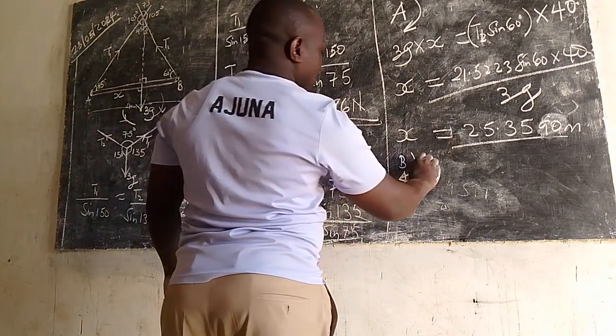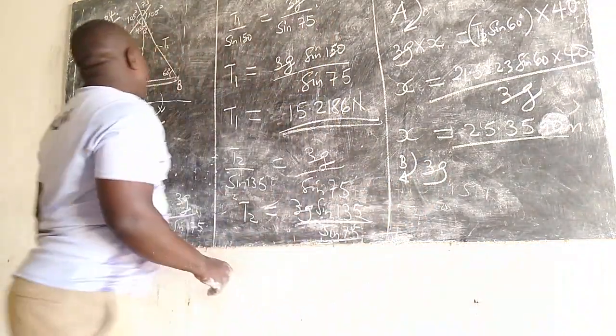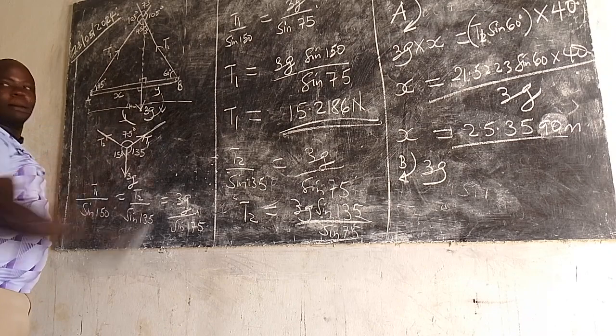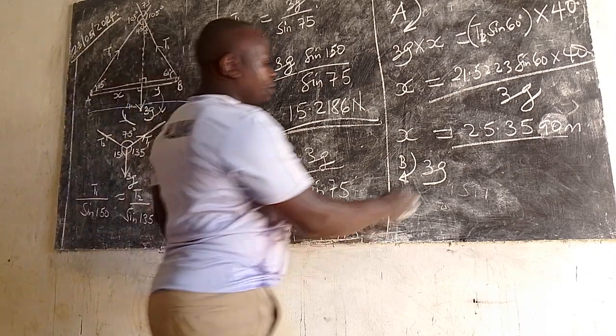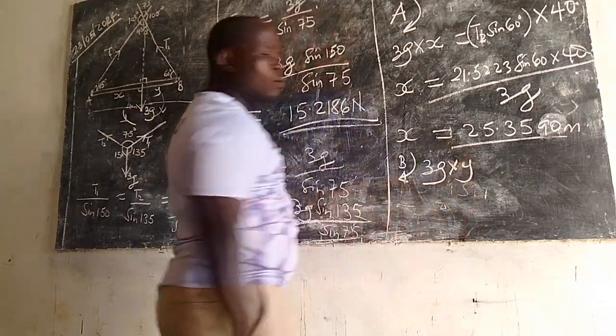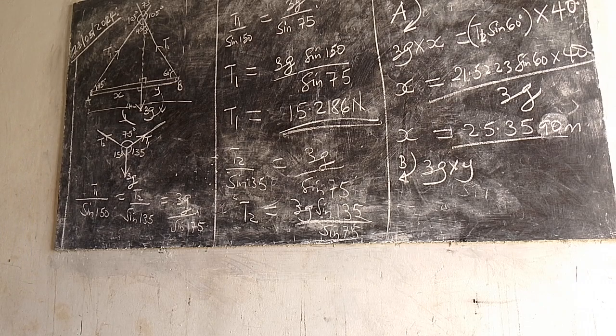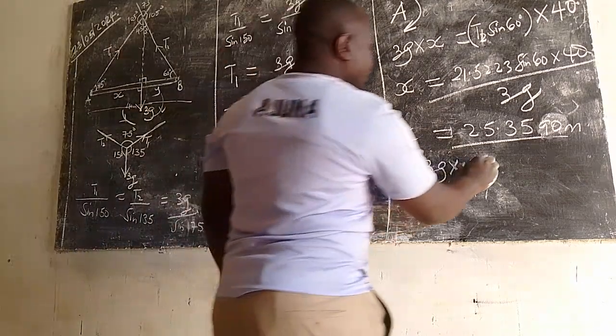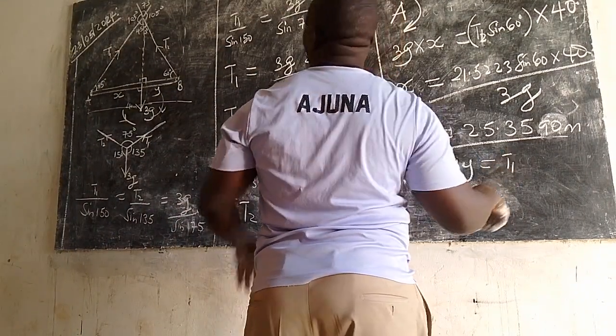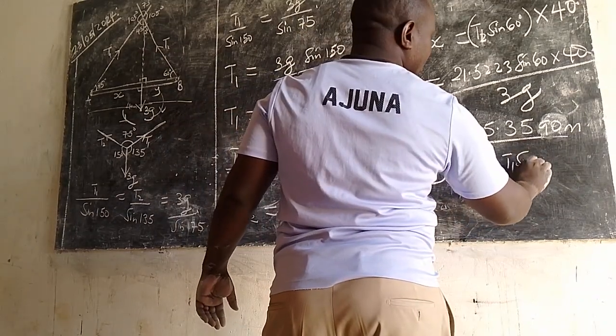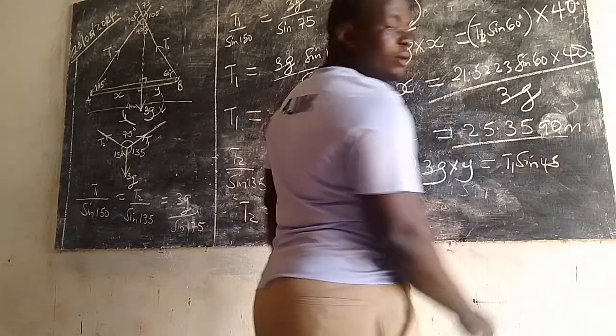So I'm going to say that we shall have 3g. Maybe I can call this distance y. 3g times y is going to be T1 sine 45, right?